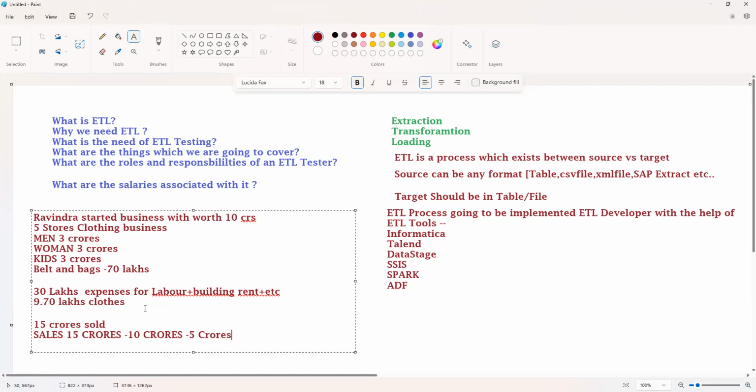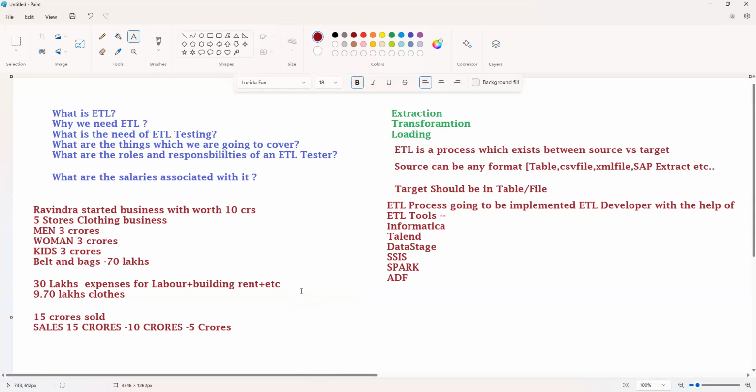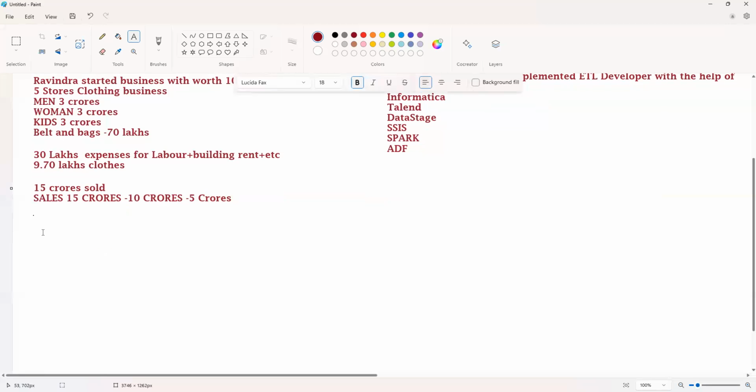Now, what can the businessman do immediately? Simply, they are going to expand their business. Am I right? Yes, sir. So assume one more thing.